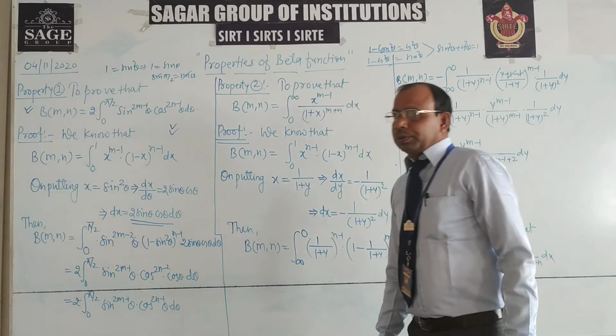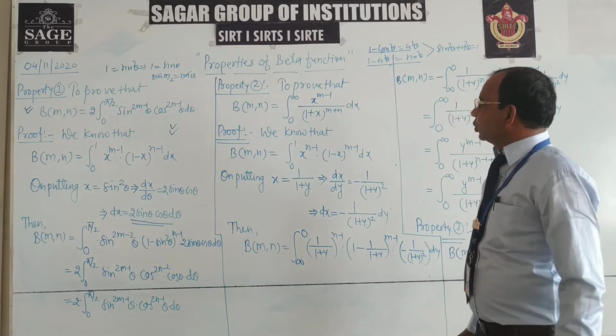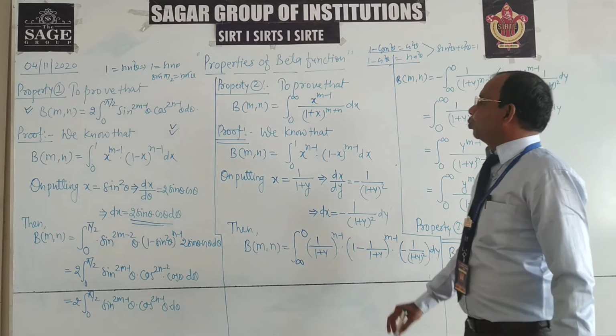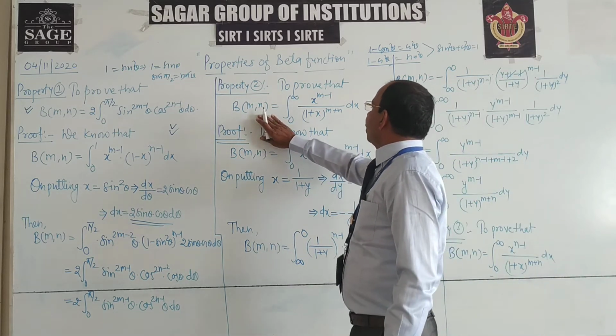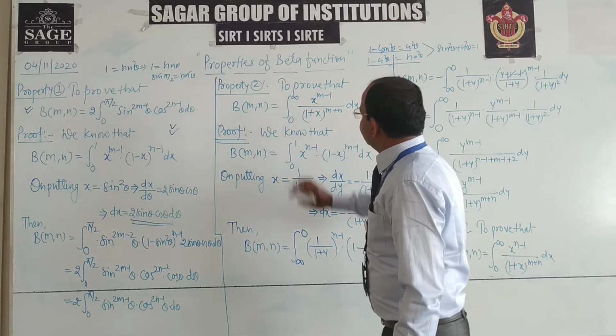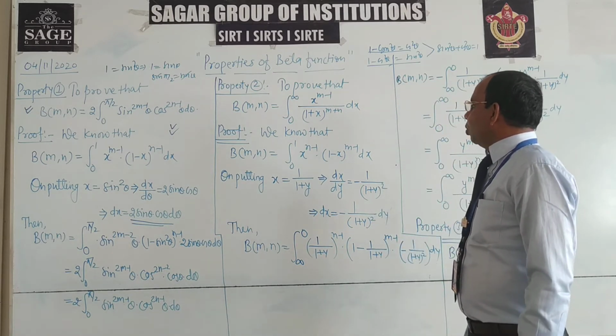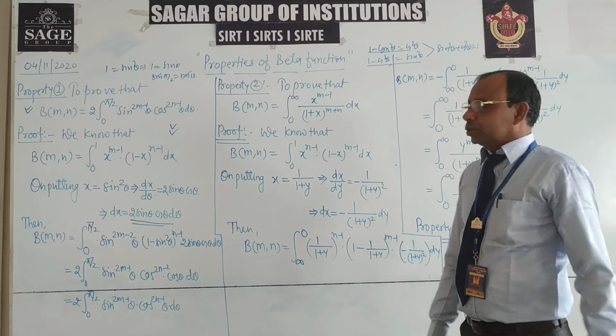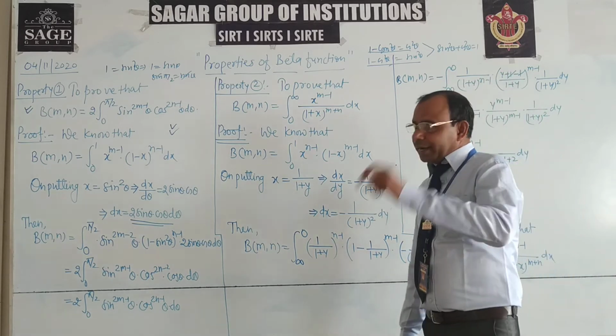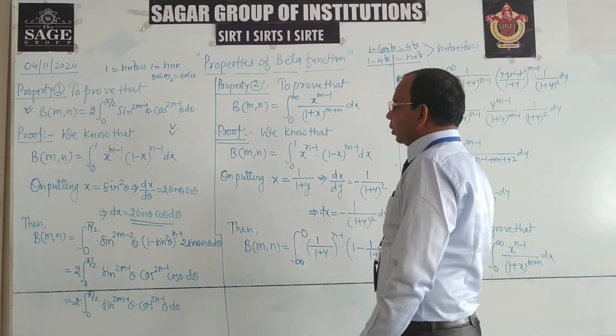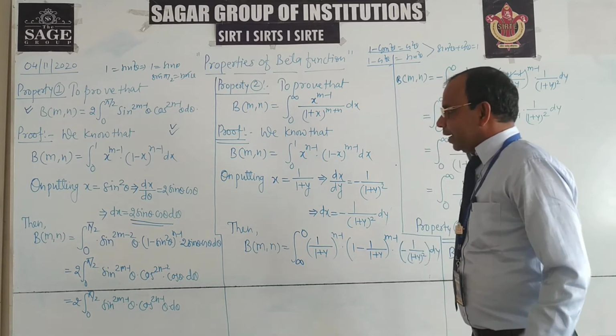Now we prove the second property of the beta function. The second property is to prove that beta(m, n) is equal to the integral from 0 to infinity of x^(n-1) upon (1 plus x)^(m+n). In the beta function, the substitution is very important.